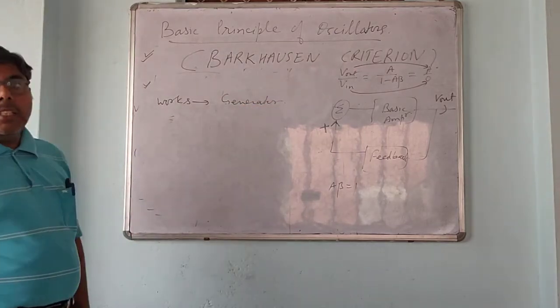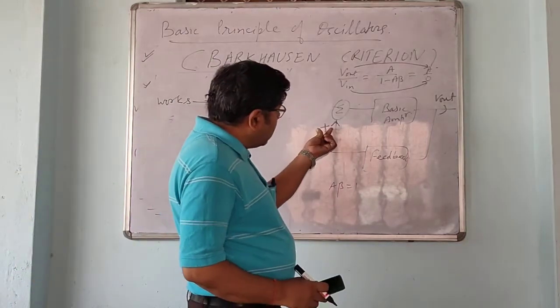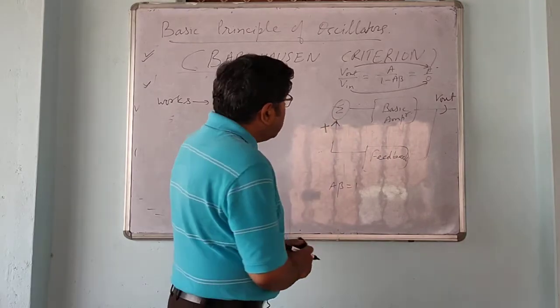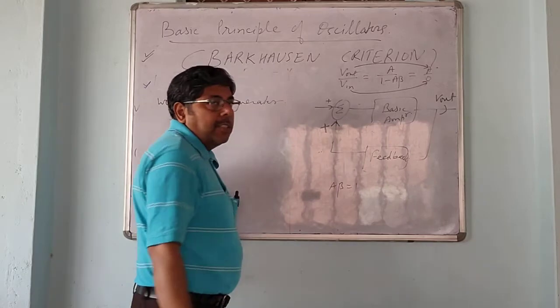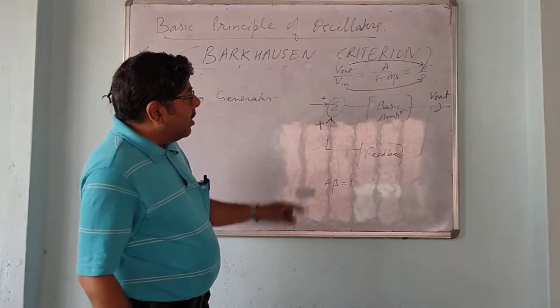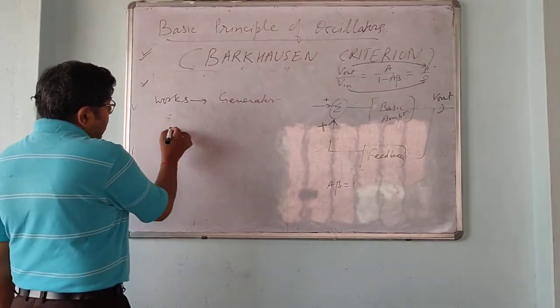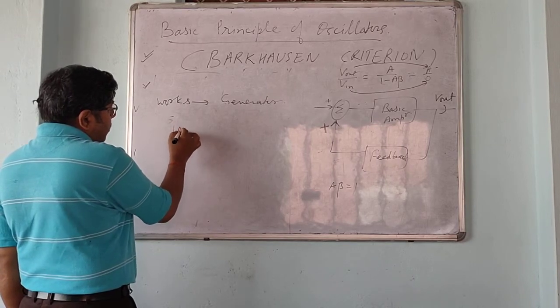So two conditions are there. First thing is this input and feedback signal must be in same phase. Here both are in same phase. Second thing is this product, means magnitude of A beta.